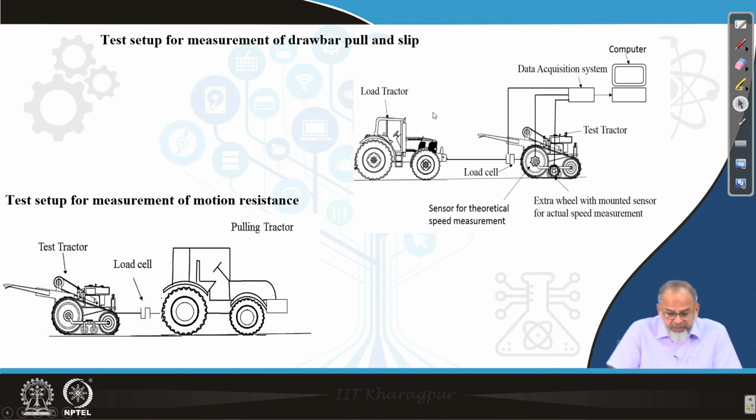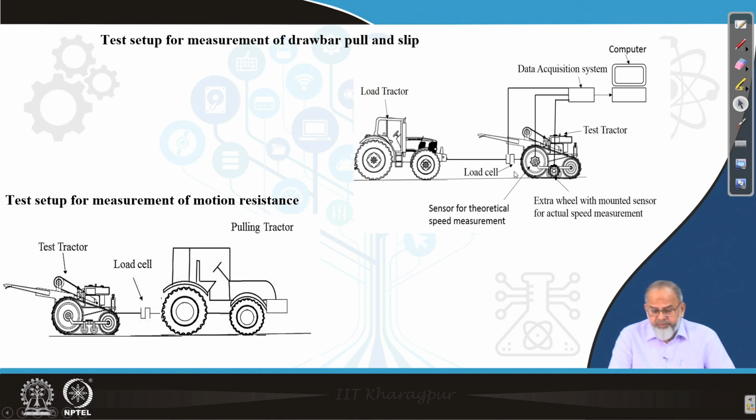Now, if you look at the top figure, we are interested in finding out the pull developed by the working tractor for different conditions, maybe different slip values. So, how do you control slip here? Here basically we are not controlling slip. The power tiller is in the front, the tractor is in the back, and the load cell is in between, closer to the power tiller, so that the line of pull is almost horizontal. One end of the load cell is connected to the tractor and the other end to the power tiller.